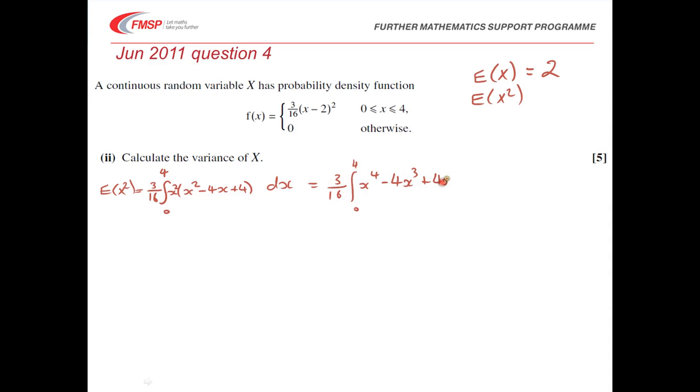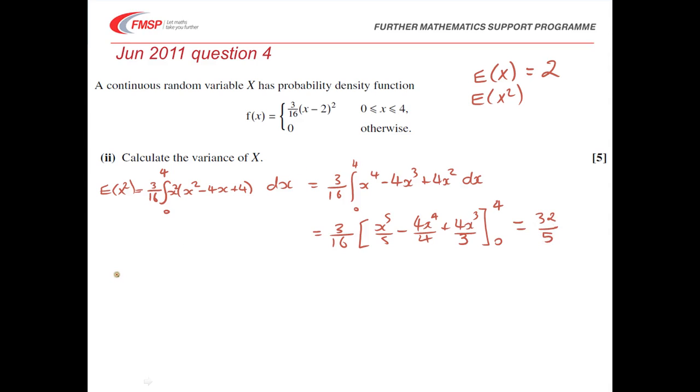So that's x to the 4 minus 4x cubed plus 4x squared, and then we are hitting the integration, which is 3/16 of x to the 5 on 5 minus 4x to the 4 on 4 plus 4x cubed on 3. And I'm evaluating that between 0 and 4. Okay, and I'll just do that quickly for you, and that will give you 32 on 5 when we do all of that.